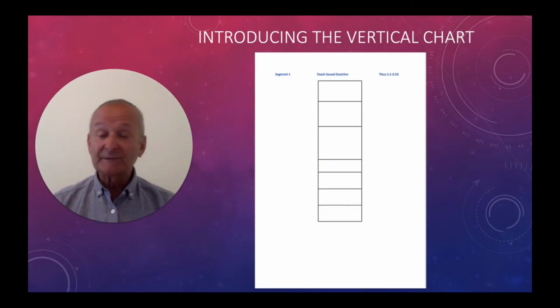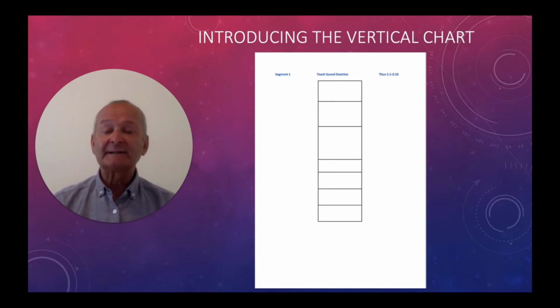So when it comes to the vertical chart, each paragraph is represented with the appropriate size box. Longer paragraphs have more space. Shorter paragraphs have less space. We can talk more about that as we talk about creating these charts.